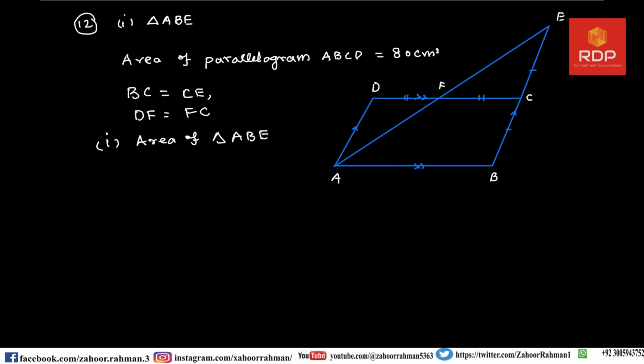We have to find the area of this triangle ABE. So we have to make a plan because we don't have the height of ABE. There is a base, but we are not having the height.